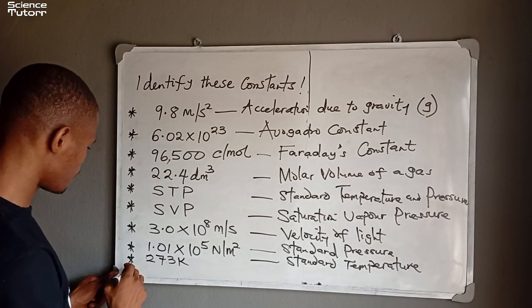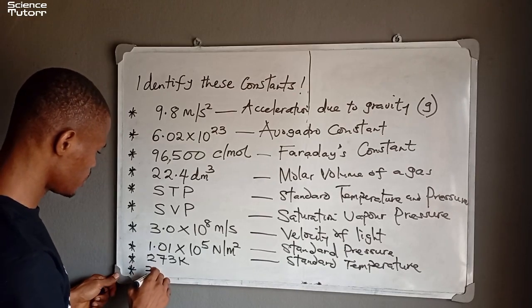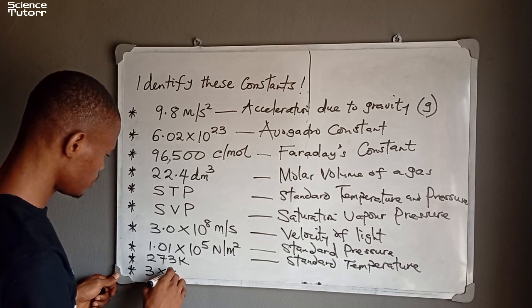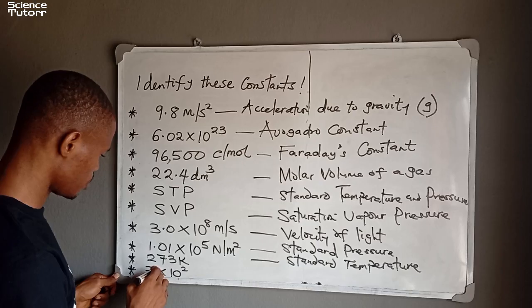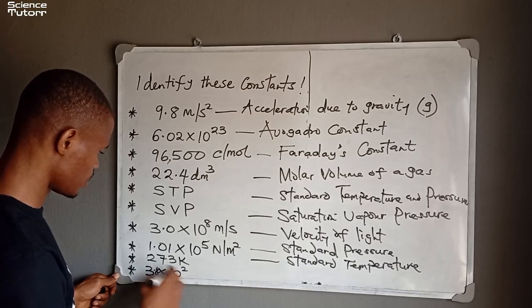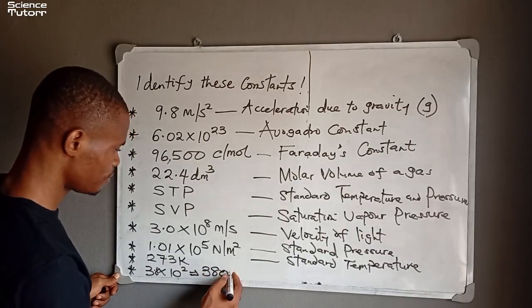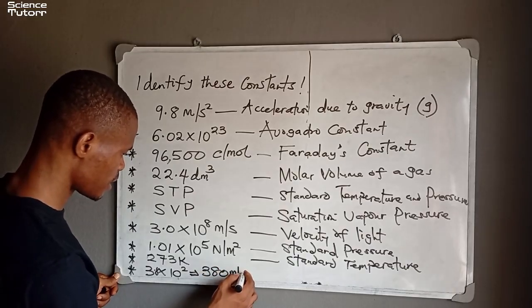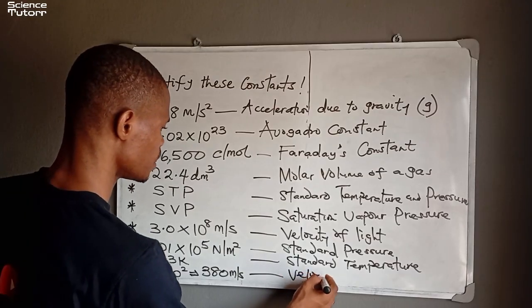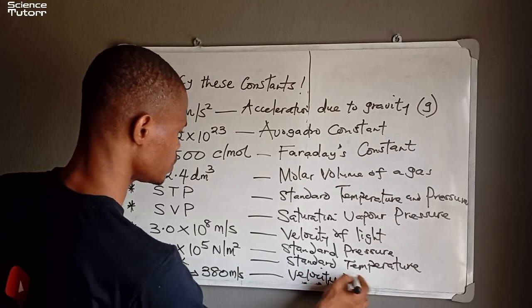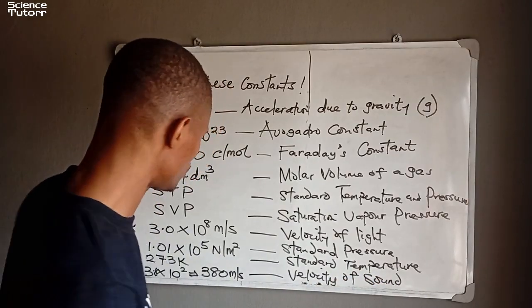Then we also have 3.8 times 10 raised to power 2, or we can say 380 meter per second. This is known as the velocity of sound.